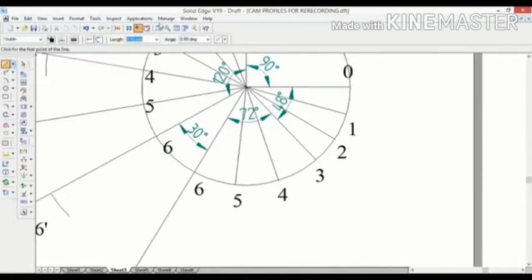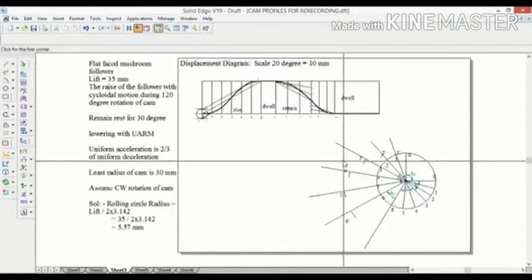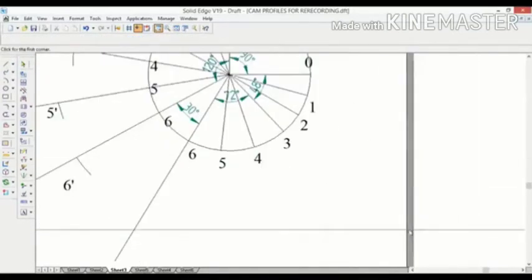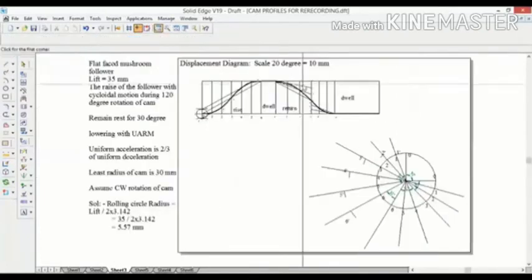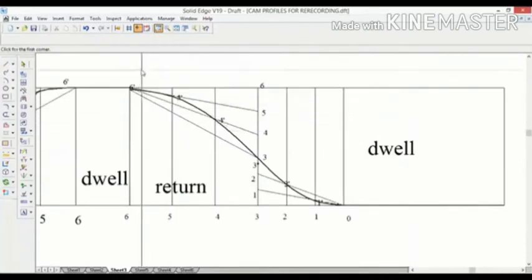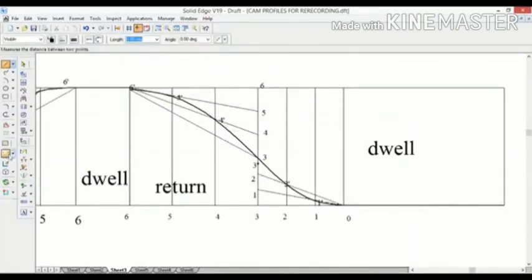Here also we produce these lines. Produce this line to get the cam profile. Now take compass, measure distance from 6 to 6 dash, then 5 to 5 dash.